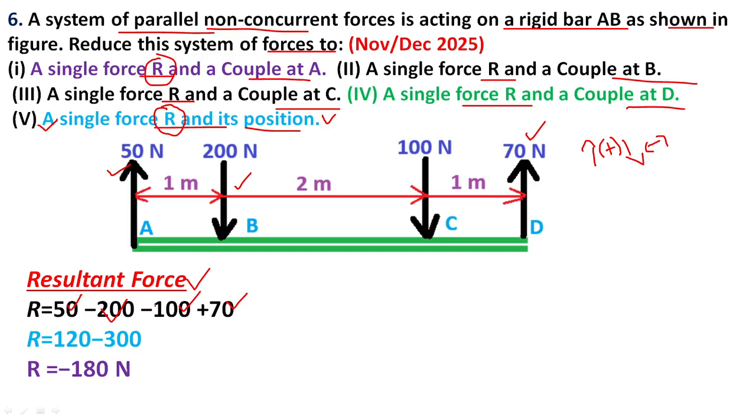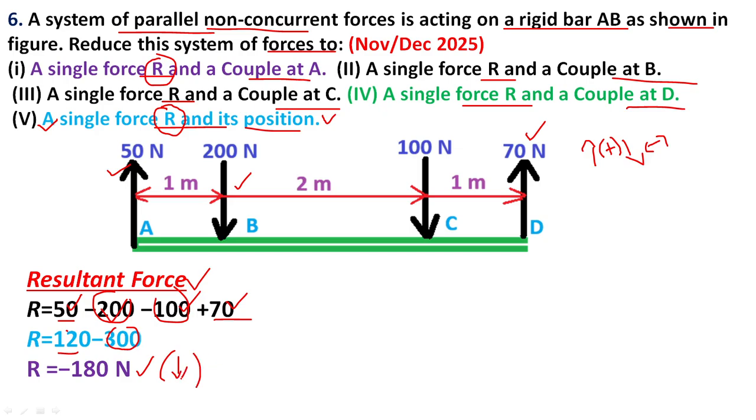So the positive forces 50 and 70 make 120. Then 200 plus 100 is 300. So 120 minus 300 is equal to the resultant force, minus 180, in the downward direction.